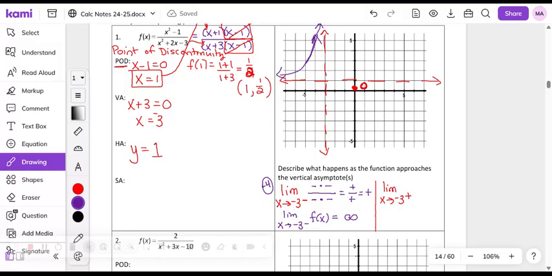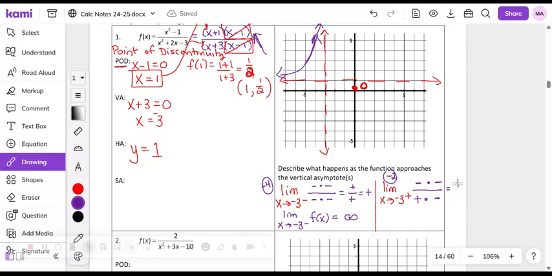Now we're going to do the same thing from the right. I know that it should be approaching negative infinity. Well, I'm going to put a number in. I'm going to put -2 in. I'm going to do the same thing. -2 plus 1 is a negative, times -2 minus 1 is a negative, over -2 plus 3 is a positive, times -2 minus 1 is a negative.